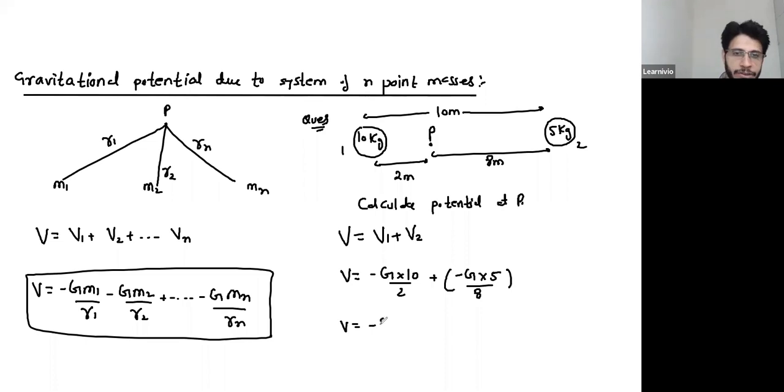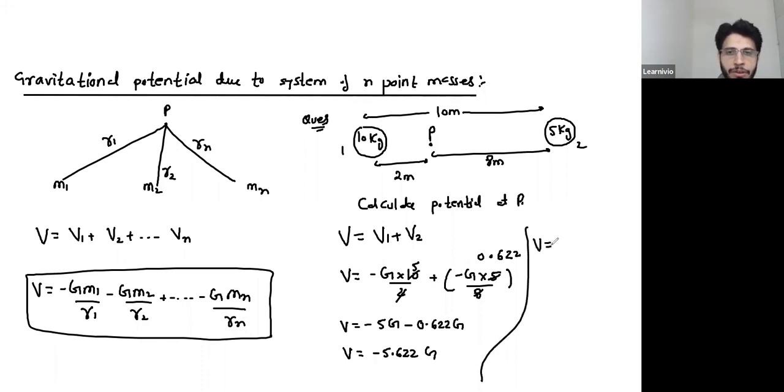You can take minus G as common, or I can solve it. 10 by 2 is 5. 5 by 8 is 0.625, so this comes out to be minus 5G minus 0.625G. So it's minus 5.625G.